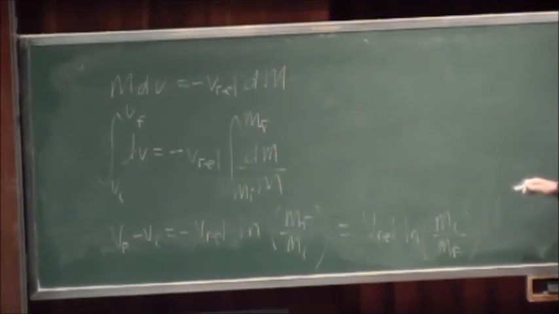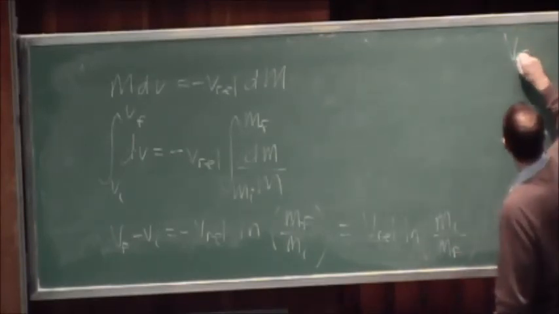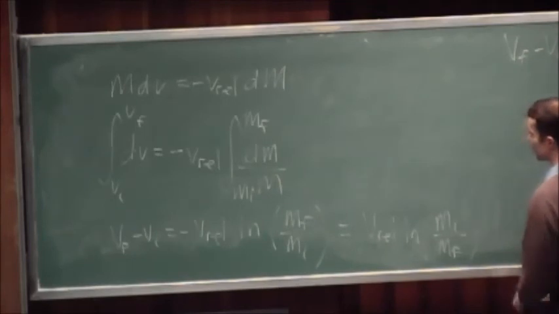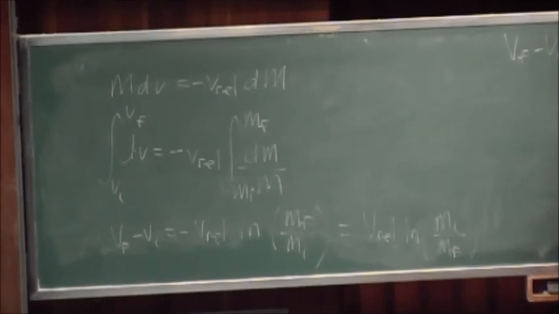Can everyone see that? Too low on the board. So let me just say velocity final minus velocity initial is equal to v relative natural log of m initial over m final.